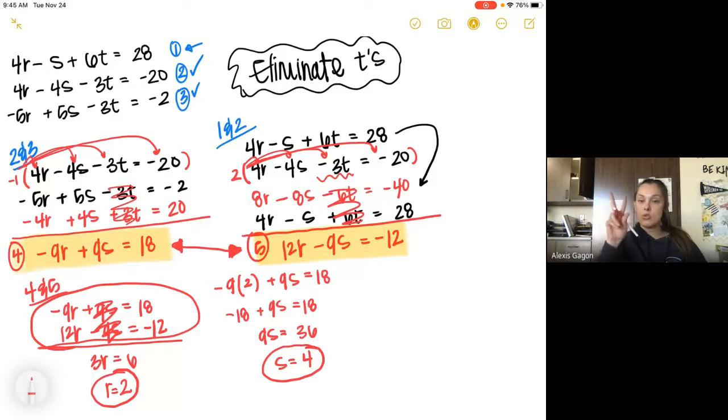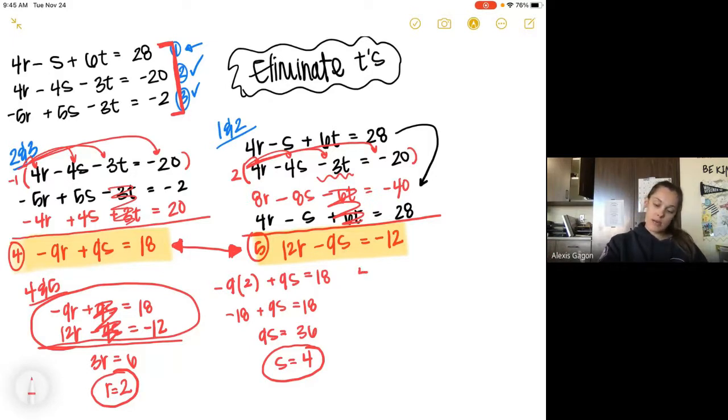Once you get two variables, then we can plug them into any of these top equations. Because if you know two of those variables, you're only missing one of them, it's easy to solve for it. And we'll always be solving for the variable that we chose to eliminate right at the beginning. So we're going to be solving for t now. I'm just going to plug this into equation 1.